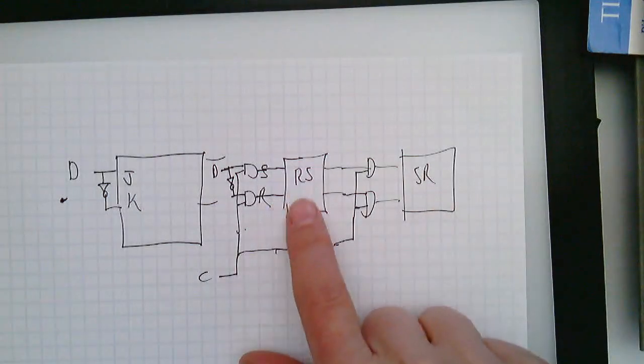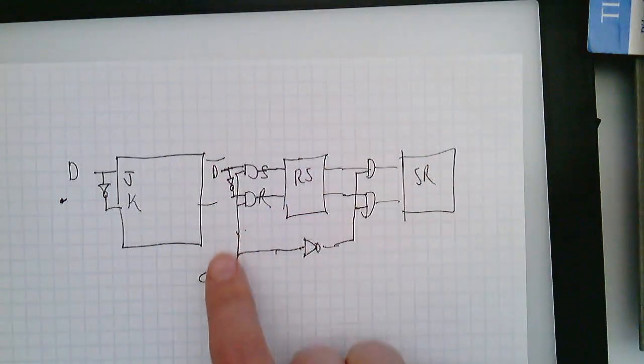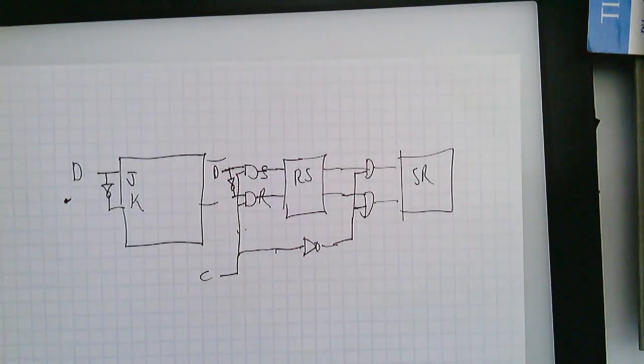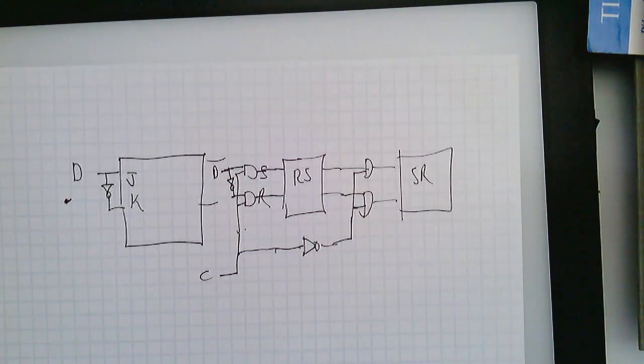So now you've got your master-slave clocked D flip-flop. So that would be number 1. So what they're trying to do with that one is you're trying to do a match. So that's a master-slave D flip-flop.